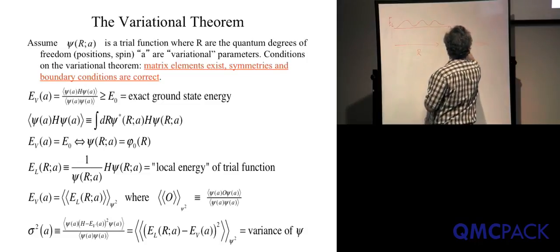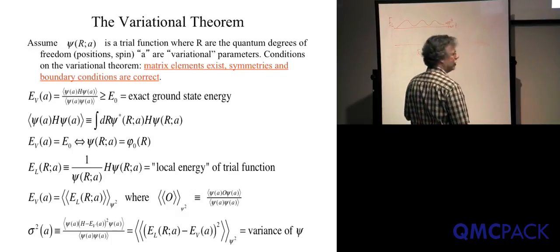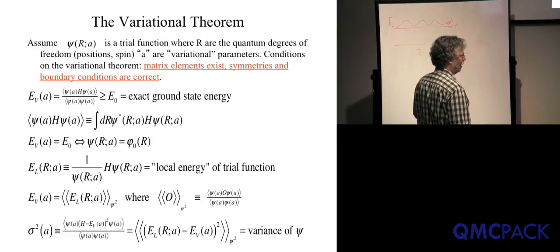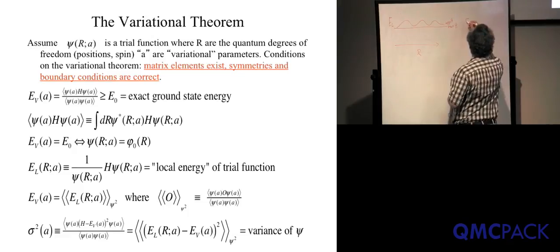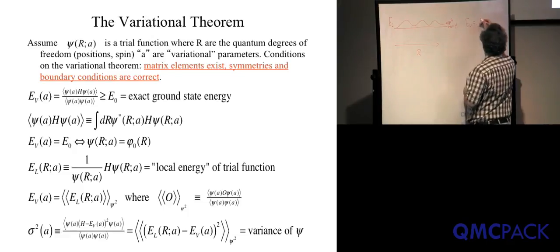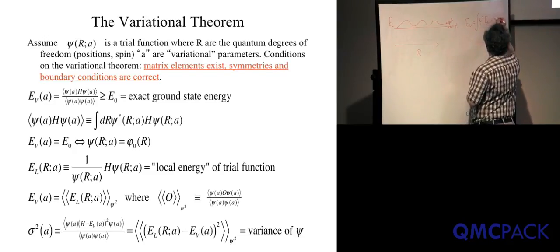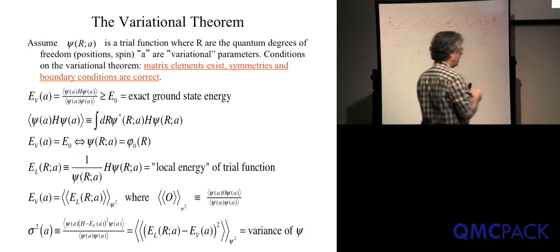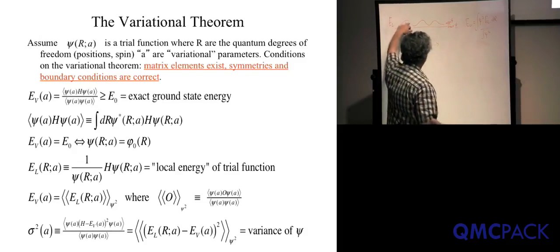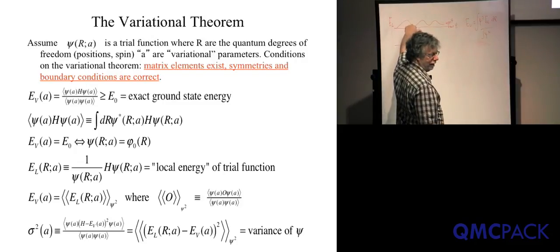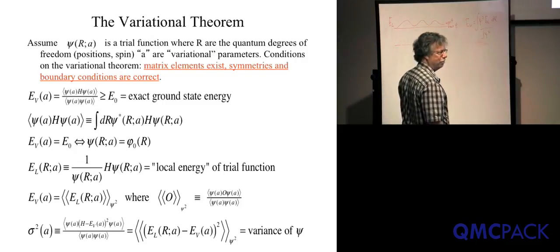So this would be the exact psi, and this would be an approximate psi. So the average value of the local energy is your variational energy. So the variational energy is the integral over psi squared of the local energy, dR, and then normalized by the integral of psi squared. So that's why I drew this exact one lower than the fluctuations, right?